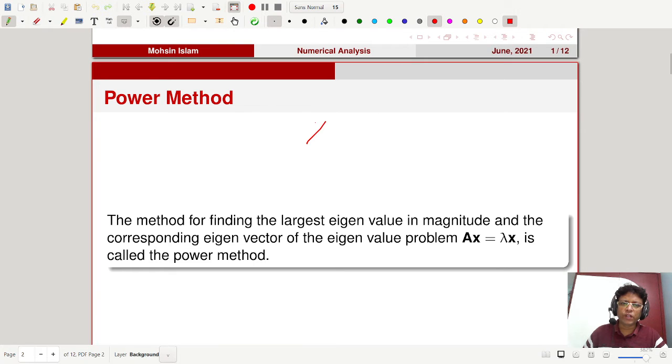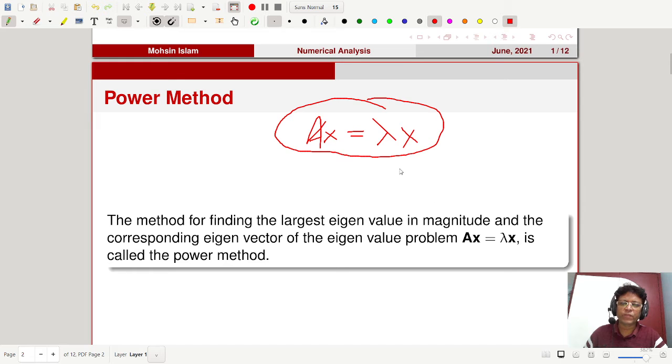You know that the eigenvalue problem is basically this: if we talk about a matrix A and its eigenvalues are lambda, then we are talking about this eigenvalue problem where lambda are the eigenvalues.